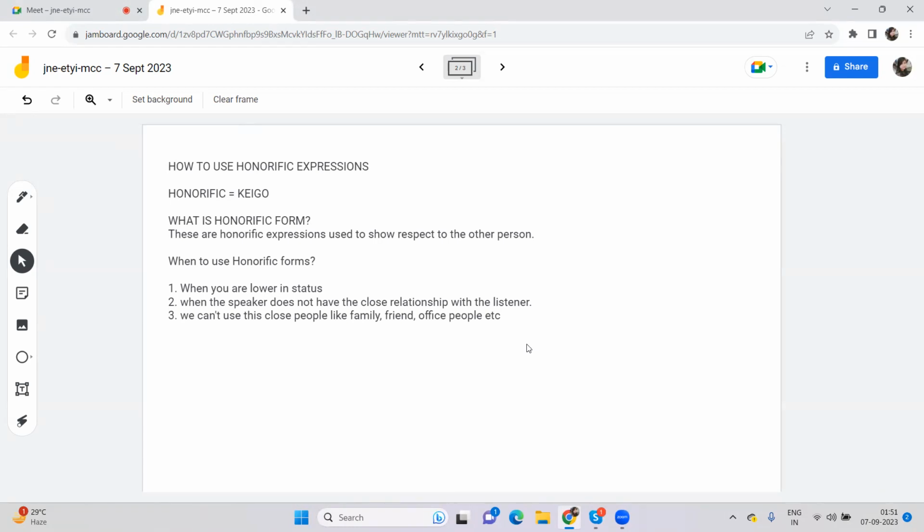Second, when the speaker does not have a close relationship with the listener. If you do not know that person, definitely you will give more respect because that person is kind of a stranger. But if that person is your friend or from your family, will you give the sort of respect you give to strangers?